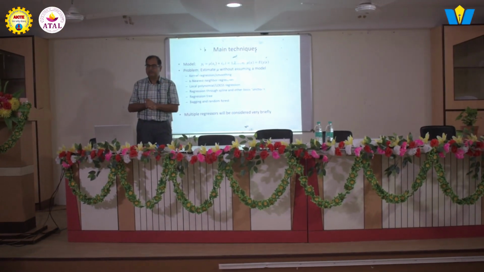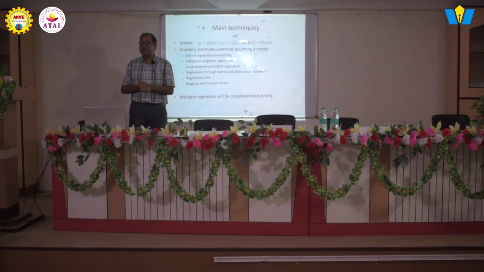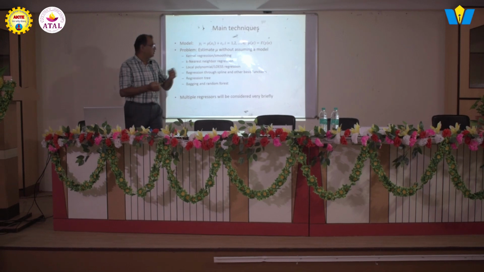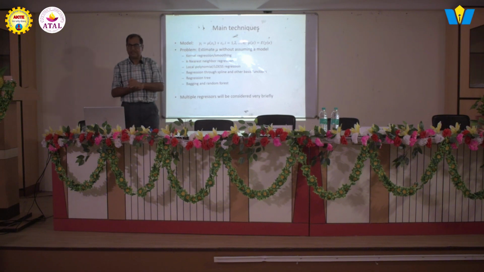That is the model assumption. So the key thing is that we are not assuming y_i is equal to a plus b x_i plus error. We are not doing that. If we had made that assumption, then this would have been parametric regression. Okay? So we are leaving the functional form of mu or f unspecified.